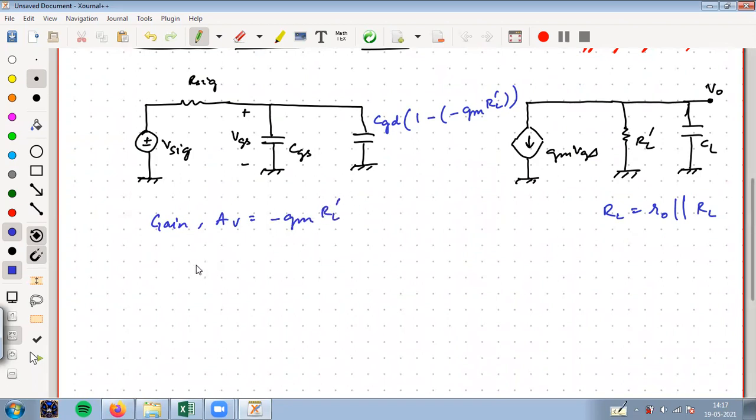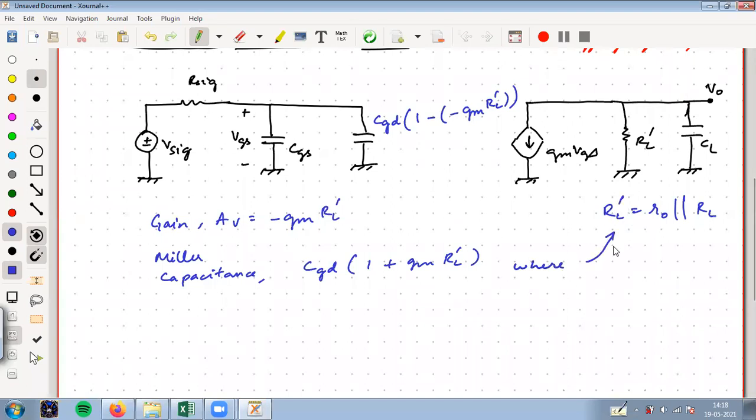Though the capacitance in play, the Miller capacitance, is CGD into (1 plus gm into RL prime), where RL prime is R naught parallel RL.